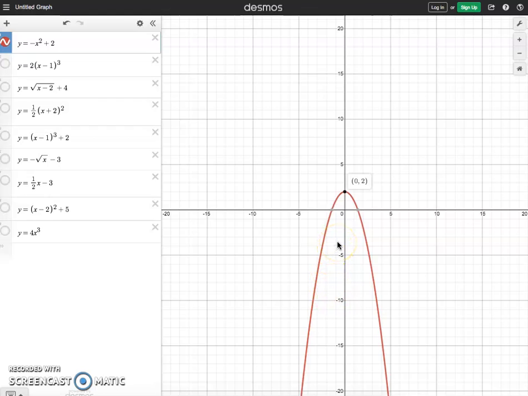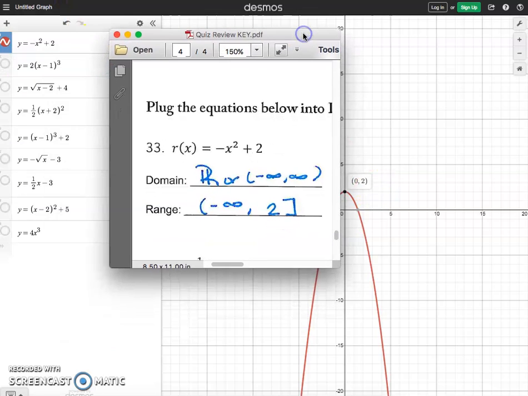The range in this specific problem, remember if I'm writing it from down to up, would be negative infinity with a parenthesis because the bottom of the function is going down forever, and then it'll be to positive 2 with a bracket. I'm using the 2 because range corresponds to the y values. Essentially, this is what your answer should have looked like for number 33.